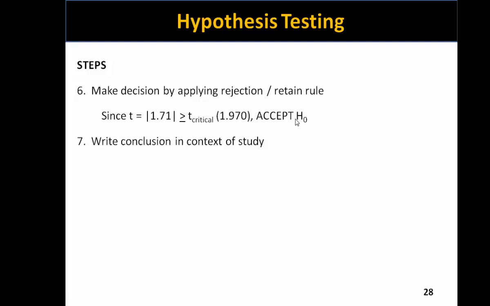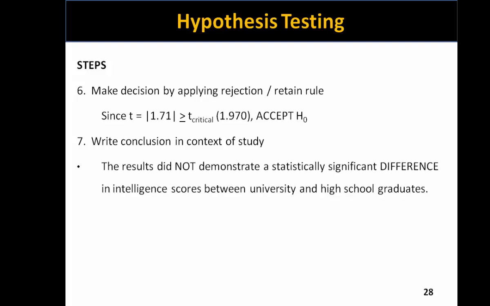And therefore we write the conclusion in the context of the study. The results here indicate that there was no statistically significant difference in intelligence scores between university and high school graduates. So this ends this part of our t-test unit.